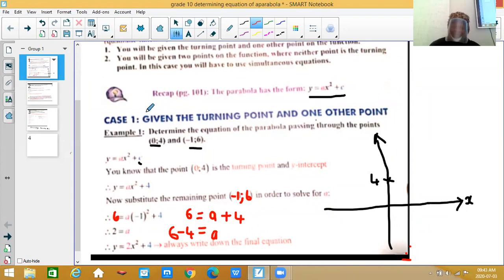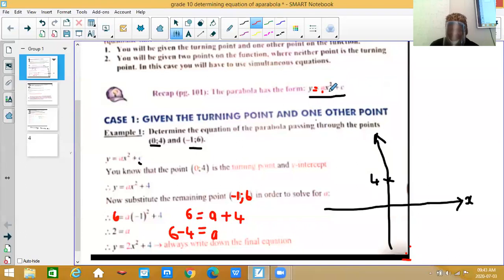Today we want to find an equation of a parabola or a quadratic function, which is this format, because you remember yesterday we said an equation is the format y is equal to ax squared plus c, where a gives us the shape, whether it is facing up or down.